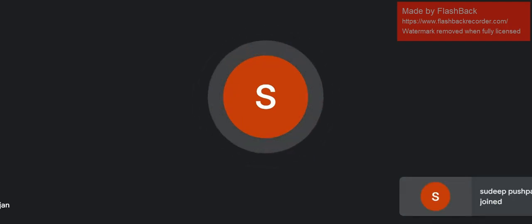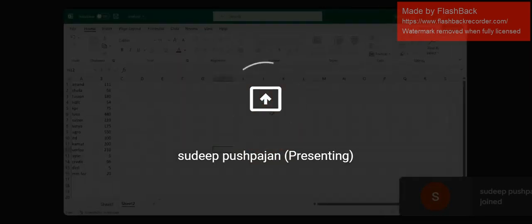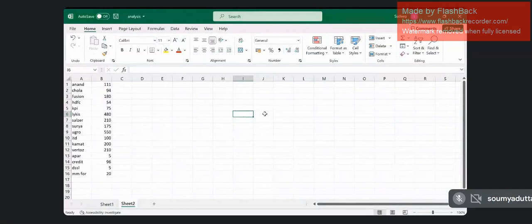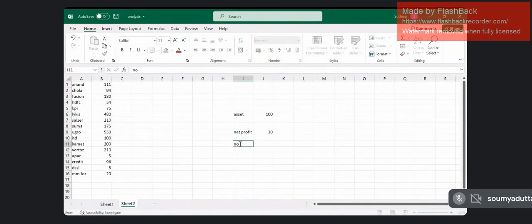Okay, can you see the Excel? See, in the first case, you raised 100 rupees. You already had 100 rupees, and you were able to produce 20 rupees. This is your asset, this is your net profit, and this is your number of shares.